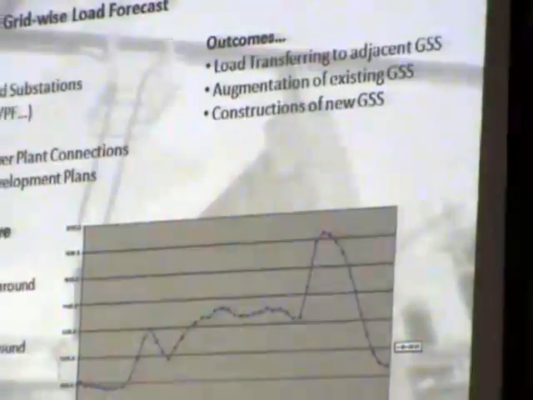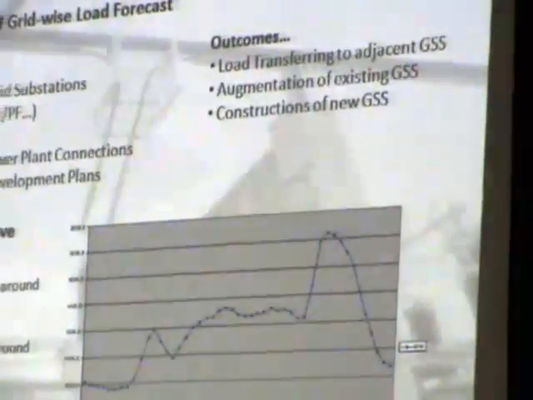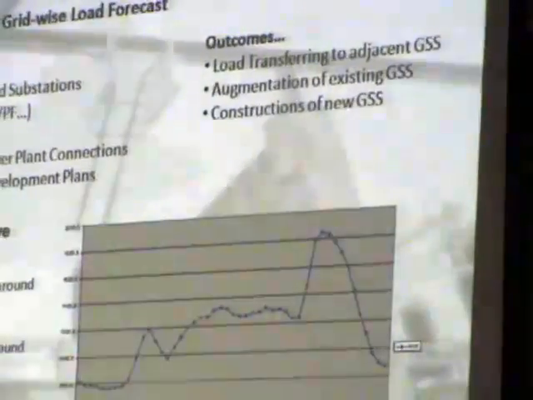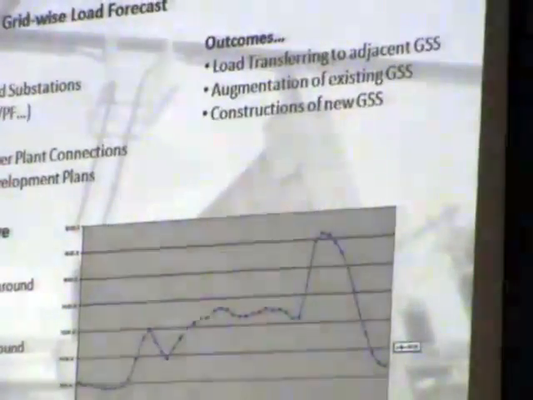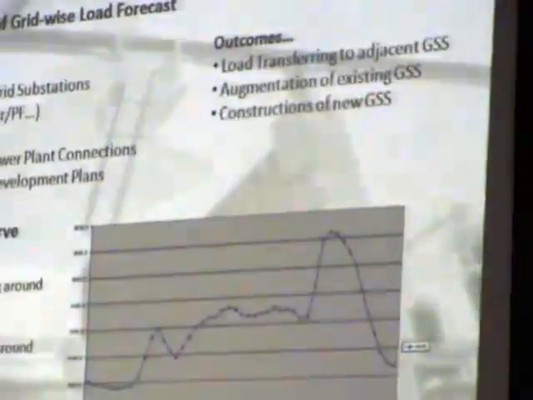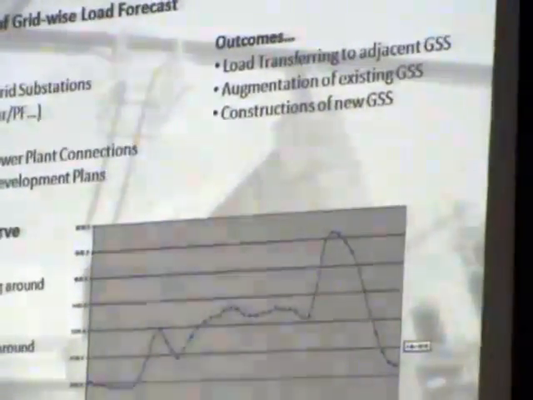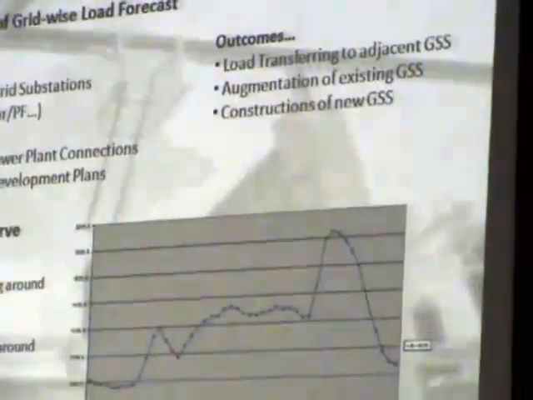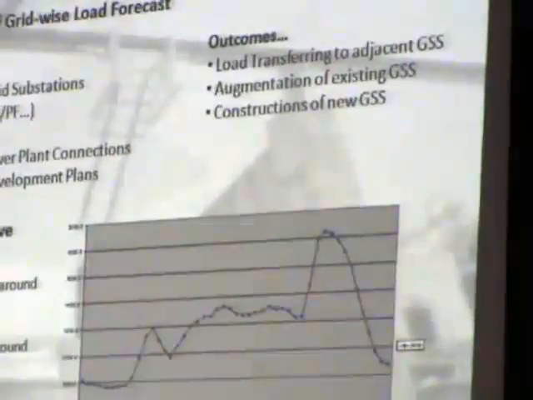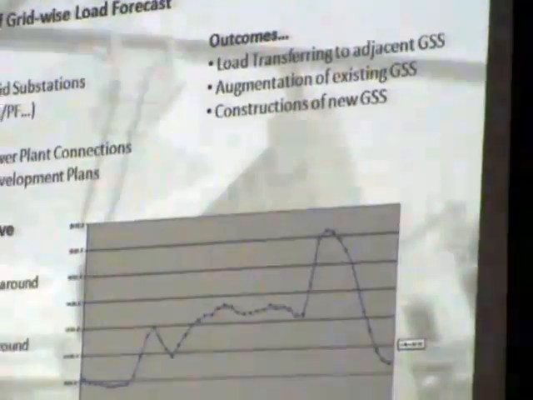When we forecast the substation loads, most of the grid substation capacities are exceeded, so we have to give a solution for that.